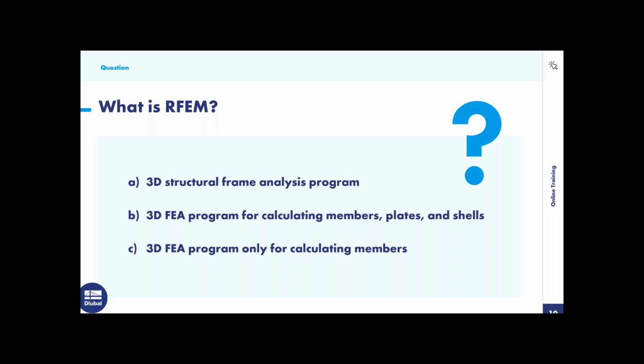I could see some people saying A, 3D structural frame analysis program, and the reason this one is incorrect is because RFEM can run an analysis on frames, but also plates and 3D solids as well. So not just frames. Now we can jump back to RFEM and continue with modeling our example.